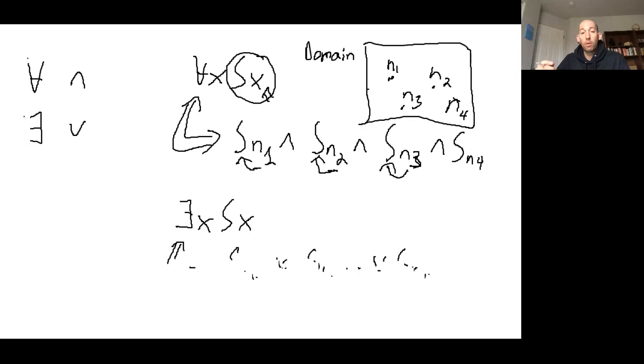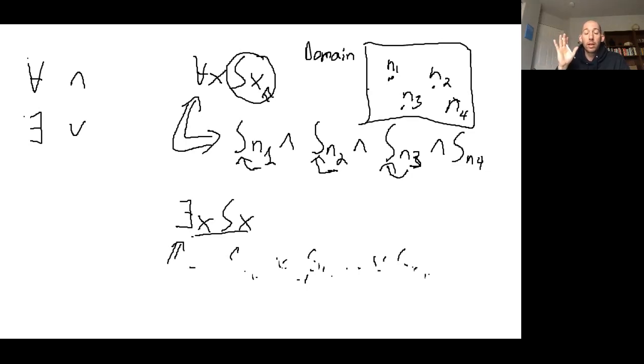An existentially quantified sentence is roughly equivalent to the disjunction, because you just need at least one object in the domain to satisfy that condition. So either n1 is an S, or n2 is an S, or, going through the whole domain, n4 is an S. So that's a way that you can think about the relationship between the universal quantified sentence and conjunction, and the existential quantifier and disjunction.